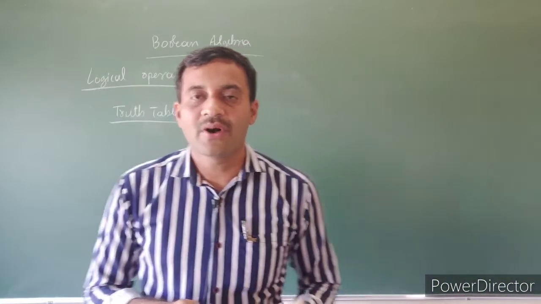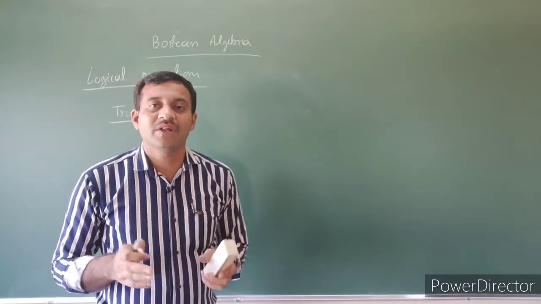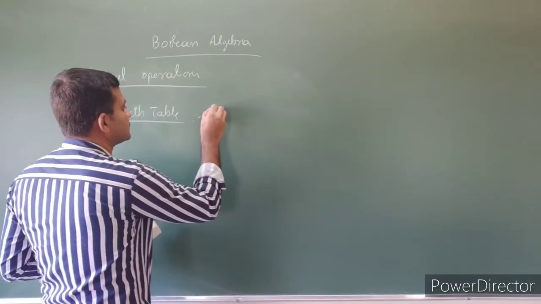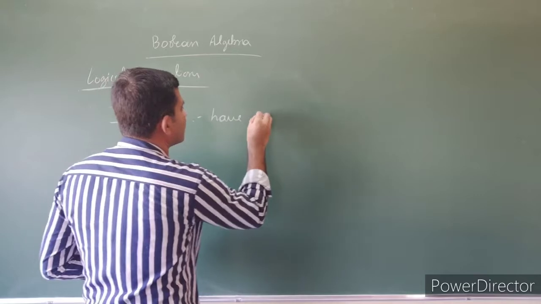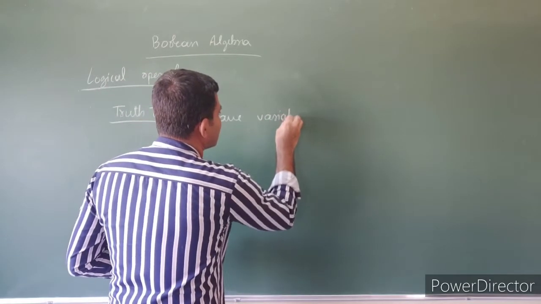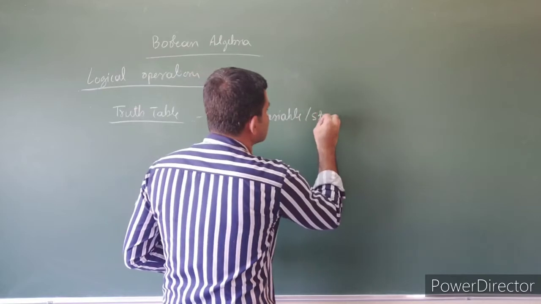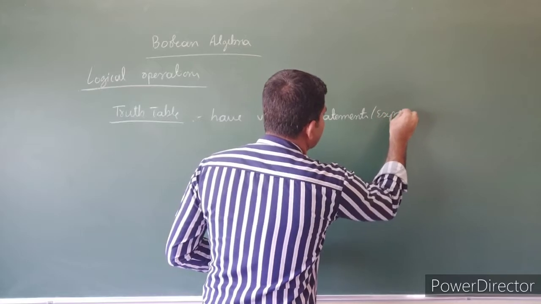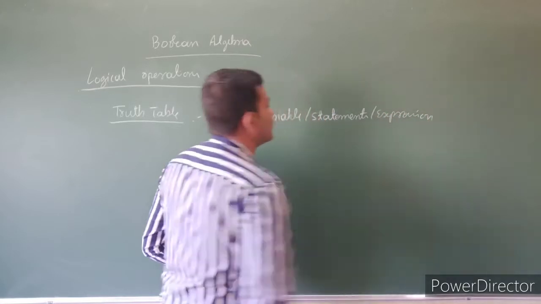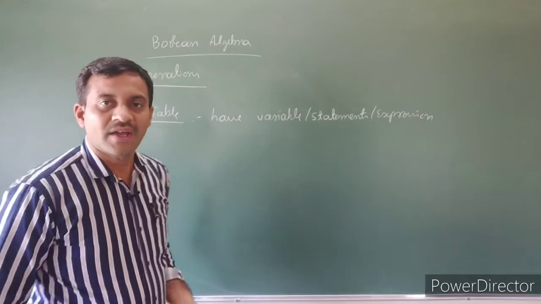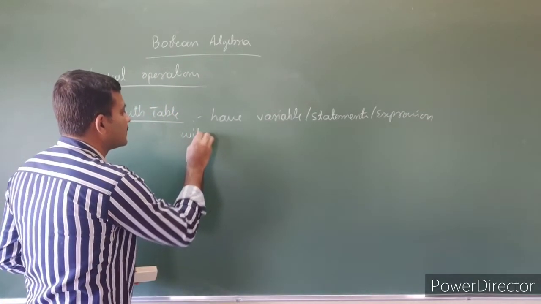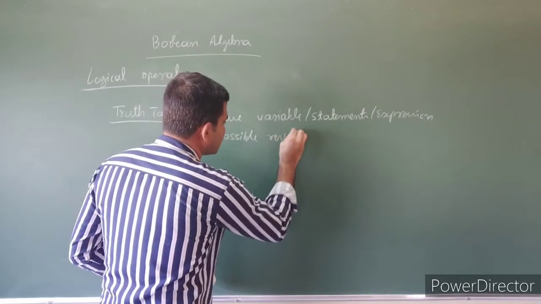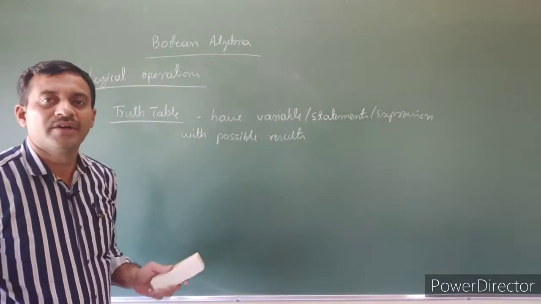A truth table has possible variables or possible variable combinations, or statements or expressions, with possible results. That is called a truth table.